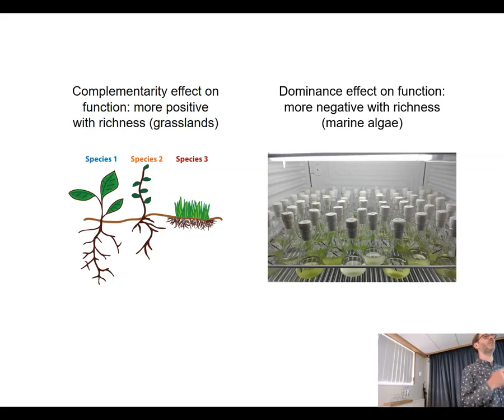Now, unfortunately, apparently, these species that are very good at capturing resources do very little with it. They don't grow much, so they produce little biomass for the resources they capture. So you get a negative dominance effect. And the more species you put together, again, the more likely it becomes that you have one of these nasty species in your community. That's why you get a negative effect of diversity on function.